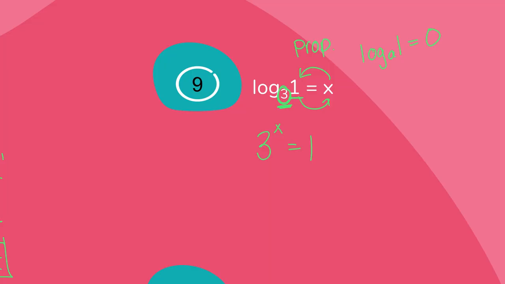I'm sorry, 3 to the power of what equals 1? We should know anything to the power of 0 equals 1, so x is going to equal 0. Again, you have to know rules of powers, know the properties, it helps, but this one was a pretty easy one, even if you didn't.